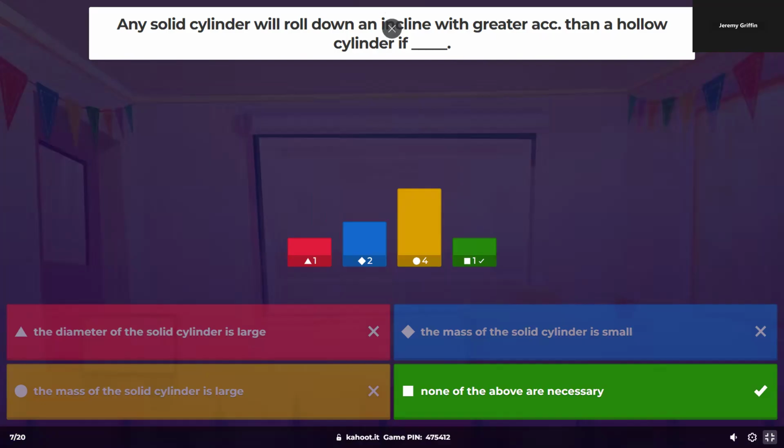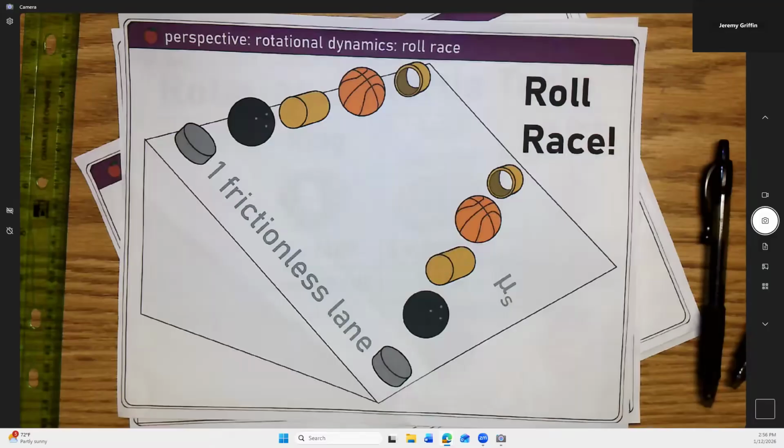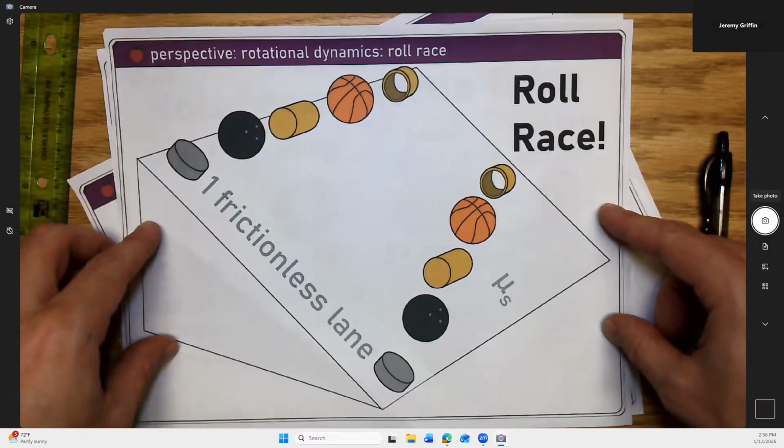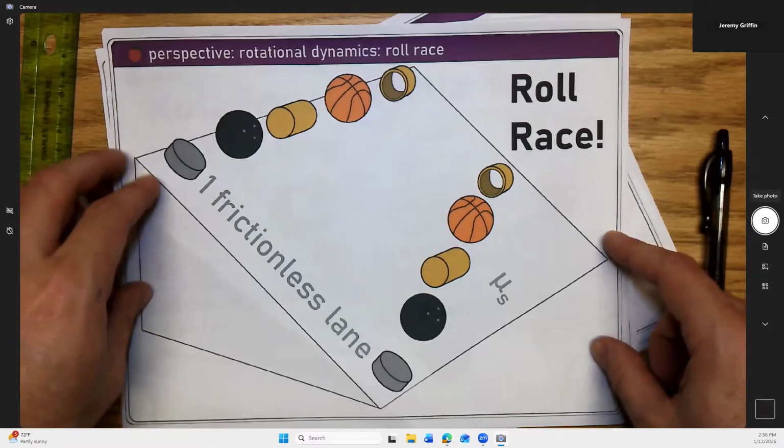So the idea is that the solid cylinder will always beat the ring. This is one part we haven't quite got to yet, but see if you can figure it out or reason it out.